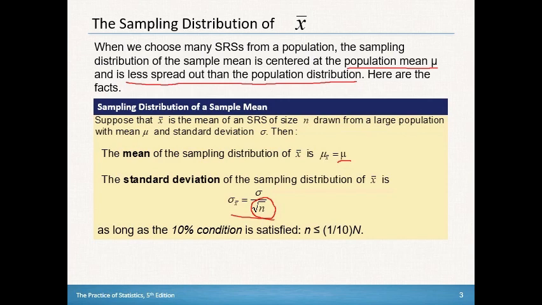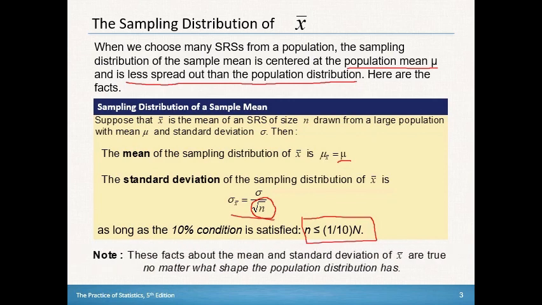All right, and then of course we always have to check before we even calculate the standard deviations. We need to check that the 10% condition is satisfied, that we're not sampling more than 10% of the population. All right, now what's interesting is that these rules about what the mean and what the standard deviation are always true, regardless of the shape of our sampling distribution.